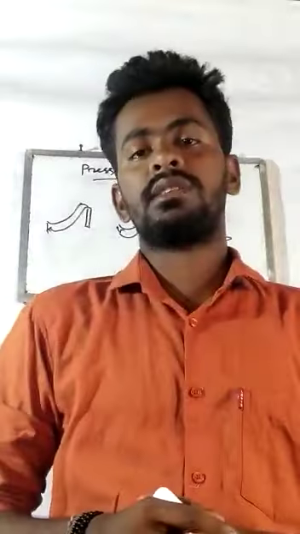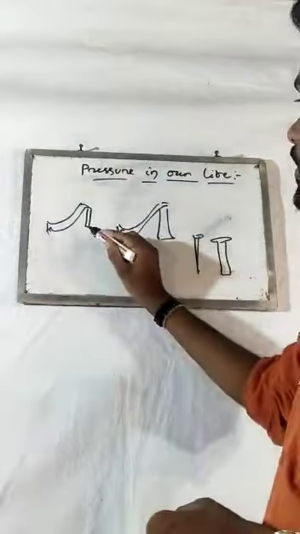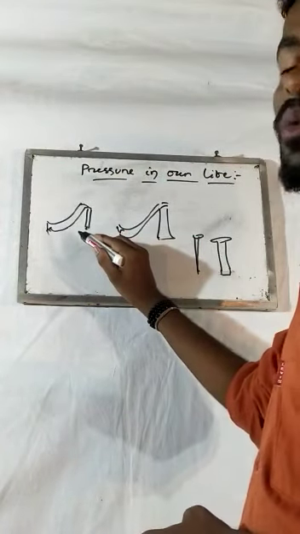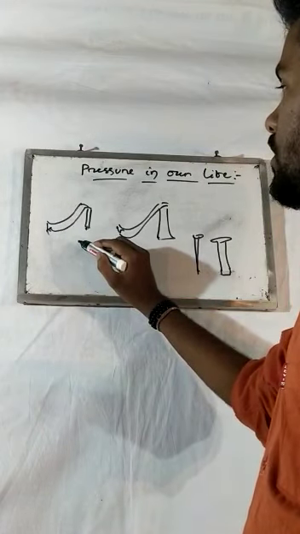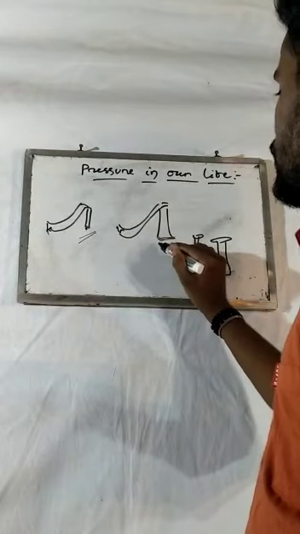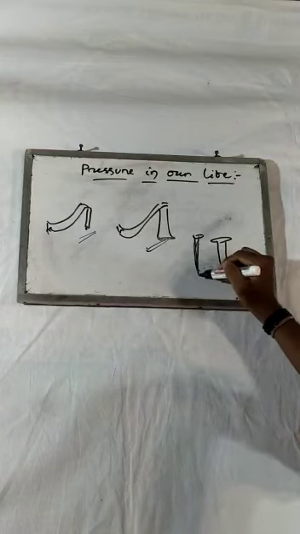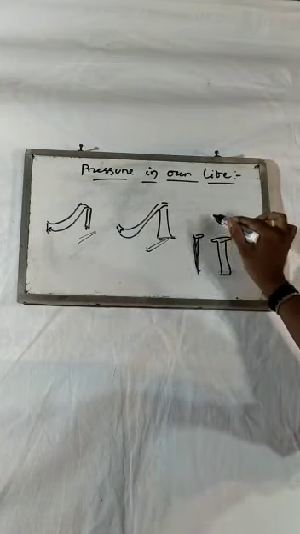Let's take a few examples from our real life, our daily life. If a heel is pointed like a nail, it is more difficult to walk on a sand beach or a clay beach, but with a flat heel it is very easy to walk. Suppose this is a pin, and we have to enter it into a wall. It is very easy to enter if I strike it with a hammer.